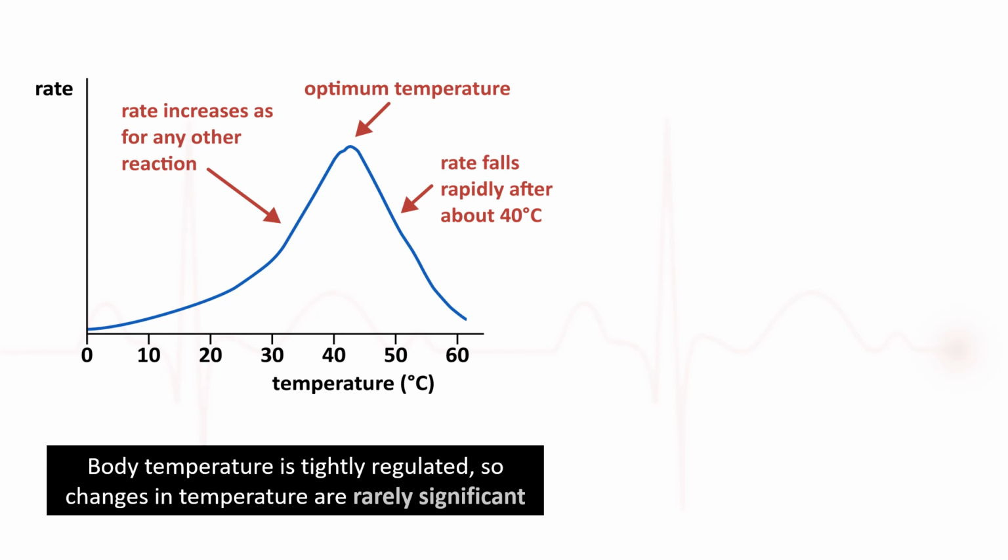Now, there are certain enzymes where if it gets hotter, that will increase the rate of the enzymatic reaction, or if it gets hotter, that could reduce the rate of the enzymatic reaction. You really need to be specific about the type of enzyme that you're discussing.